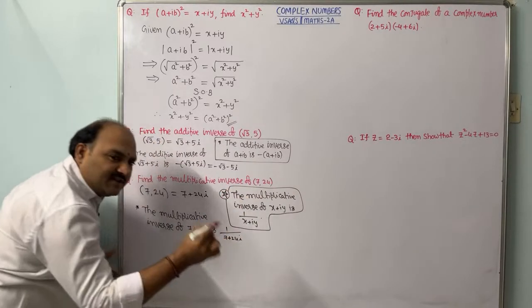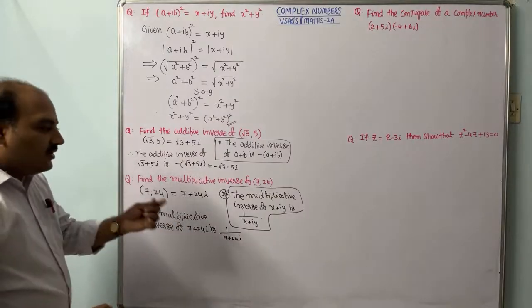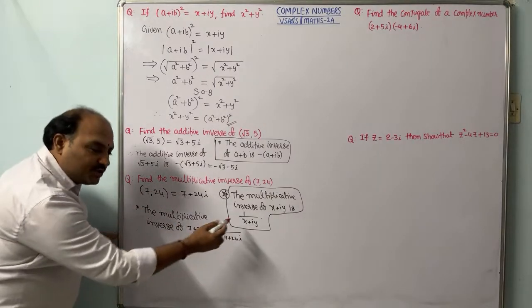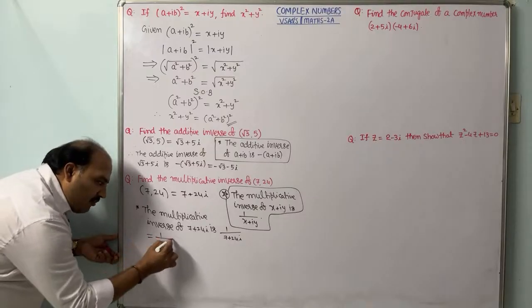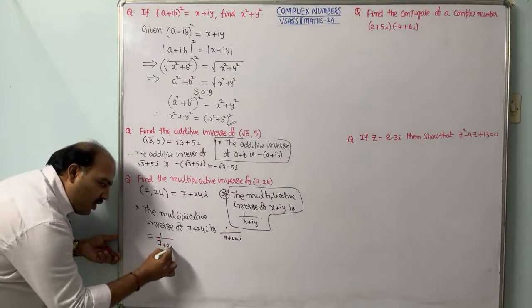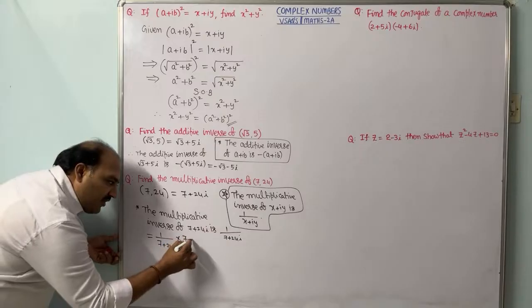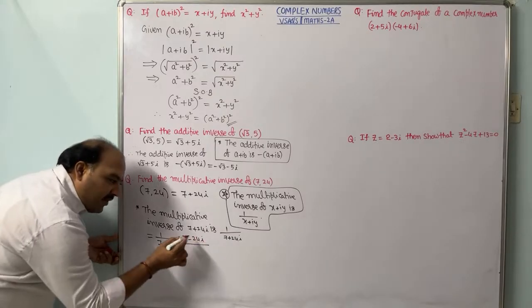We cannot leave it like this, dear students. We need to do that with the complex conjugate. We have to multiply 1 by (7 plus 24i) into (7 minus 24i). This is the complex conjugate.